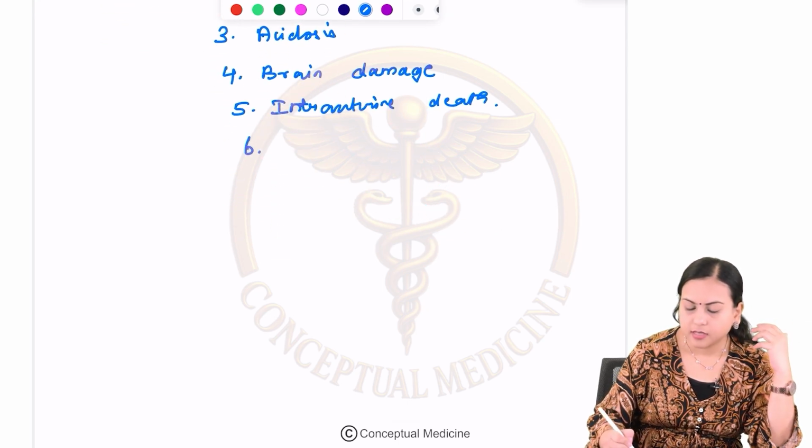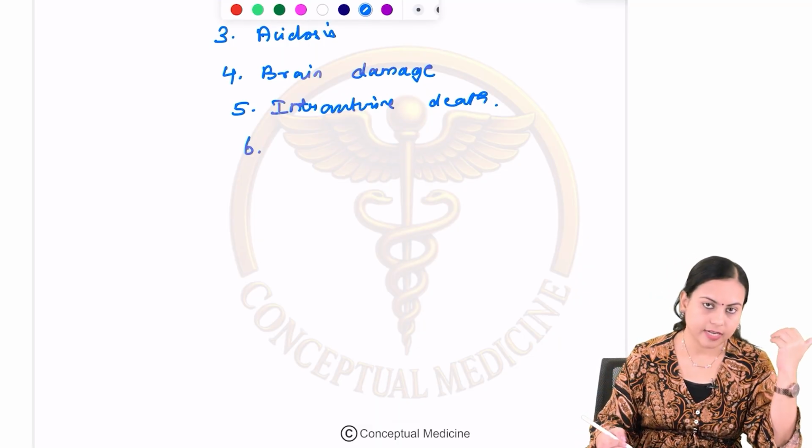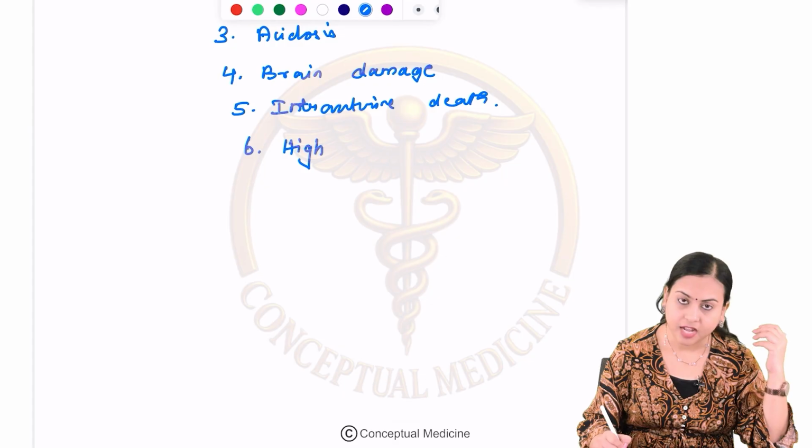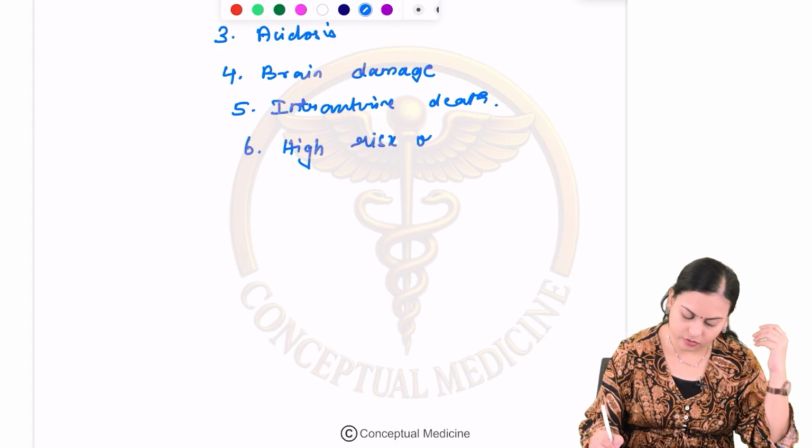And sometimes operative vaginal delivery can be attempted, which can even present with a high risk of trauma.